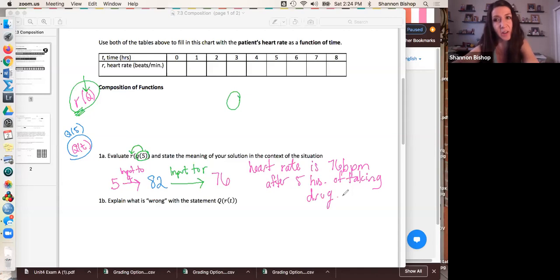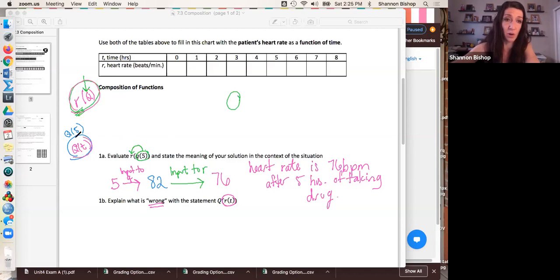It's just not necessary. And then just to make sure that the notation makes sense, check out this next one, number 1, part B. What is wrong with the statement Q of R of T? So notationally speaking, we'd have to start with R of T. Well, first and foremost, look at the functions that we had to begin with.